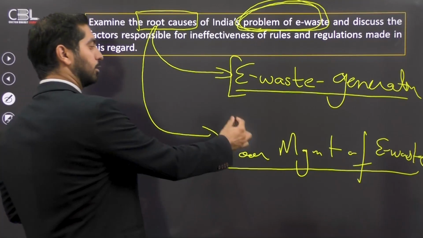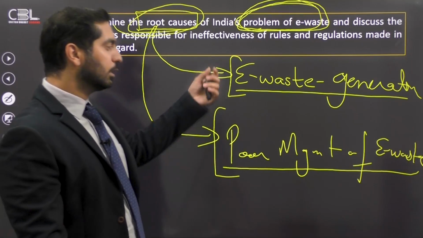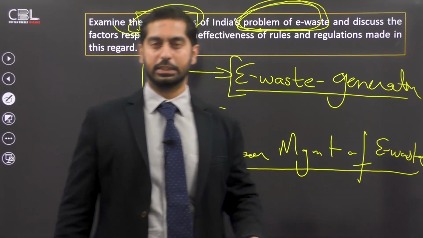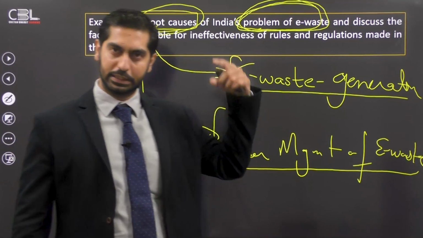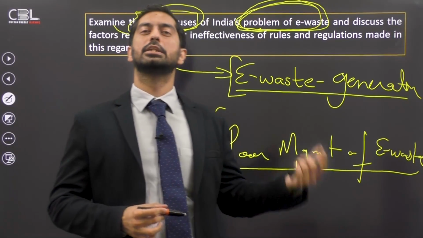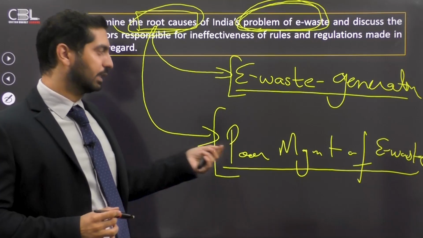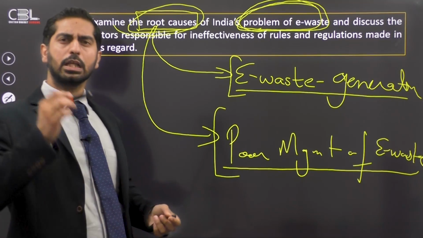The second root cause I would say is the poor management of e-waste. Whatever e-waste is generated is not properly managed, it is not properly disposed of. So how can you elaborate on this point?